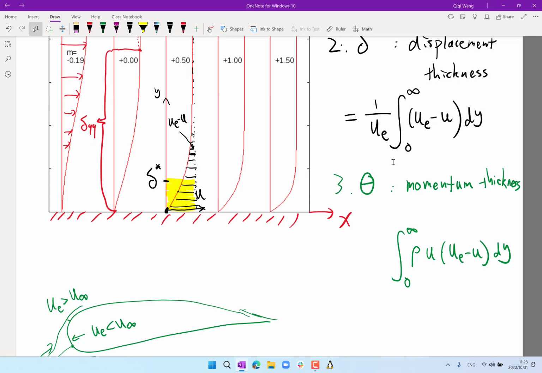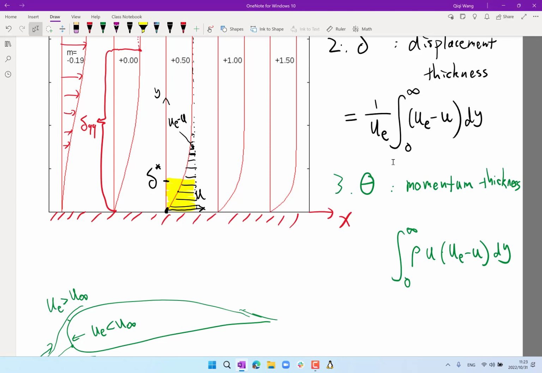Remember when we were looking at the momentum defect, we first looked at how much mass flux is within a certain dy. The mass flux is rho u times dy. And if this mass flux were not affected by the boundary layer, it would have a velocity of UE. That momentum would be rho u dy times UE.